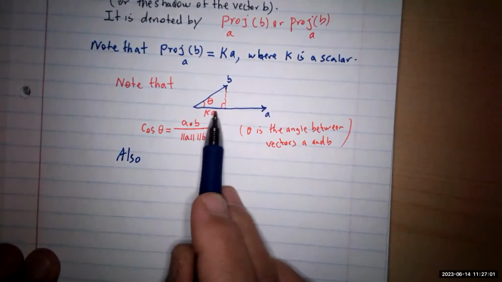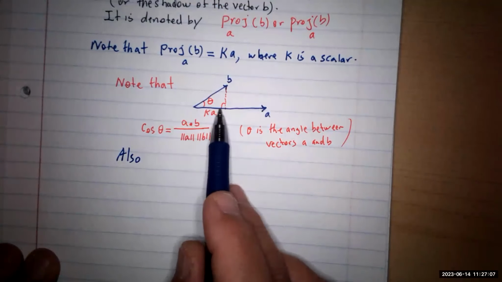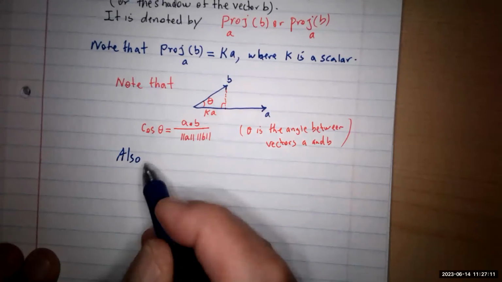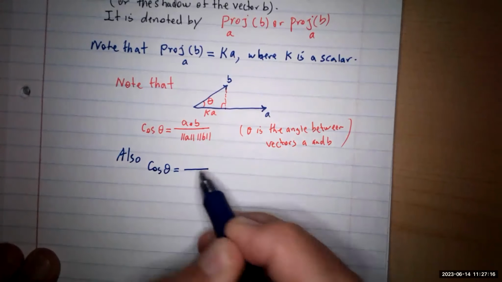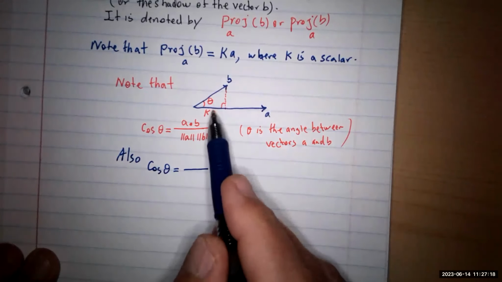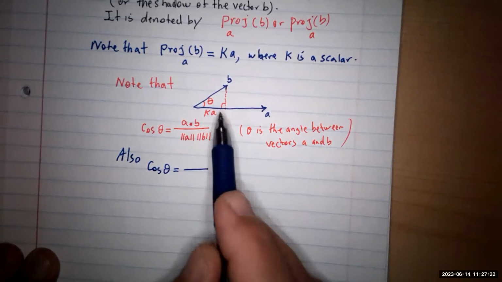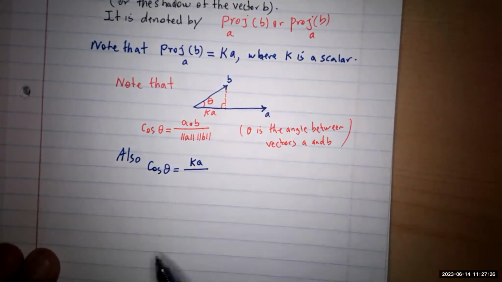I want to relate it to the KA. So I consider this right triangle, and I find the cosine again from this angle. So cosine of theta, it's a right triangle, so the cosine is going to be the adjacent side. Adjacent side is KA.